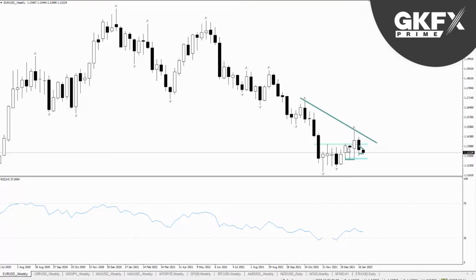And just in case you don't know, a fractal is a high with two lower highs on either side. So you can see, for example, this one has at least two on this side, two on this side. But you could look and you could see certain examples.